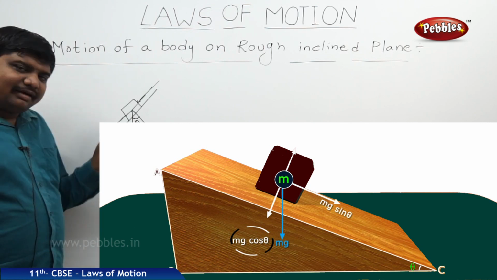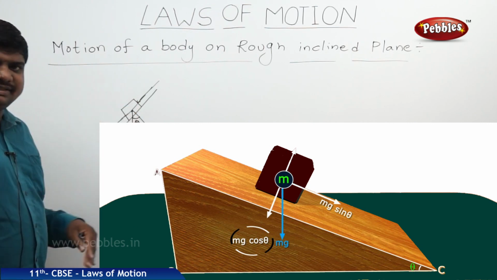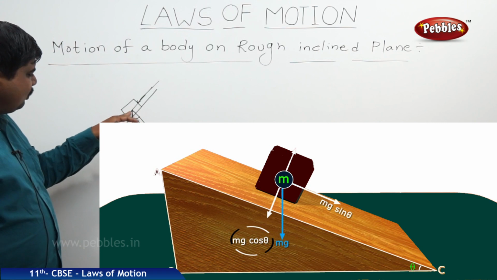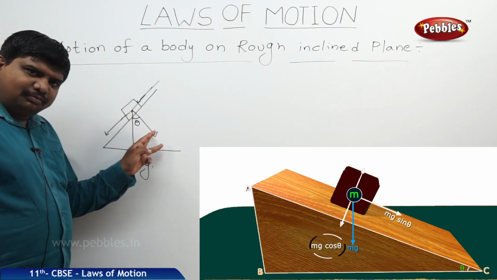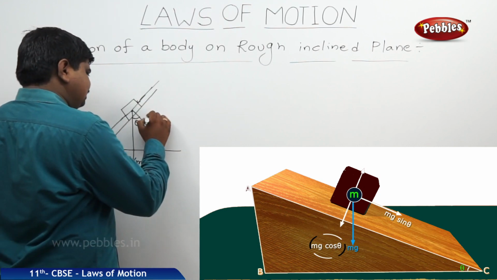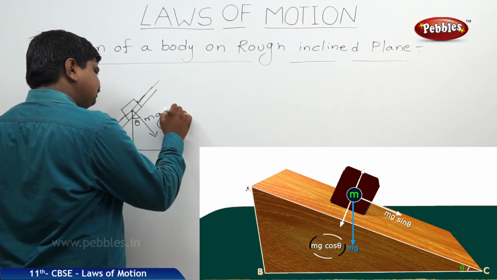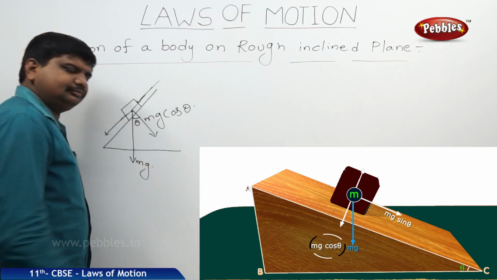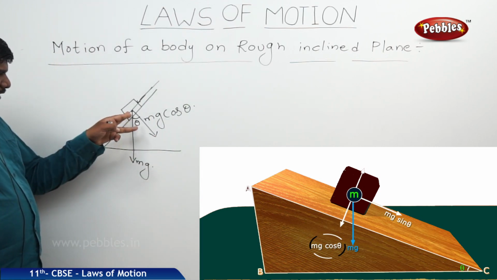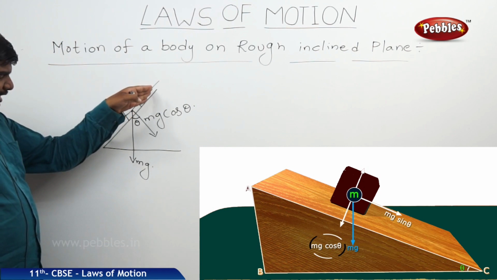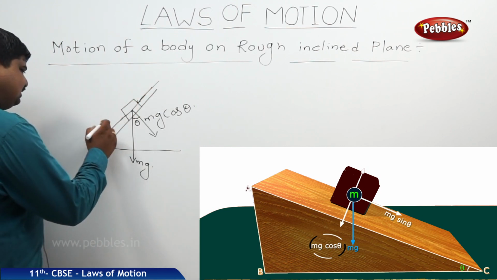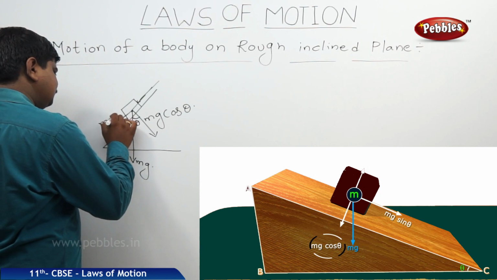So now we are resolving the force into two components. One is the adjacent component, one is the perpendicular component. Automatically the adjacent component is cos theta, that's why this will become mg cos theta. The other one, which is along the direction of motion of the body on the rough inclined plane, will be mg sin theta.